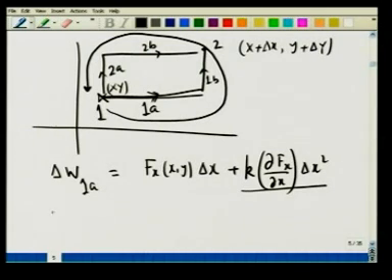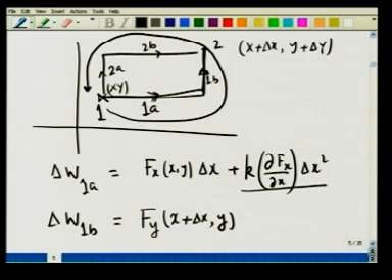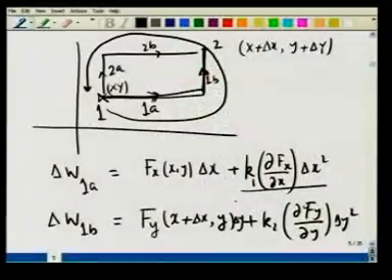As I move along path 1b, that is from here to here, the only thing that has changed is y. So this is going to be f y at x plus delta x, y has not changed, plus some correction, let us call it k2, as I move along y, f y may change, delta y square. There should be a delta y here, because that's the distance. So let me expand this.